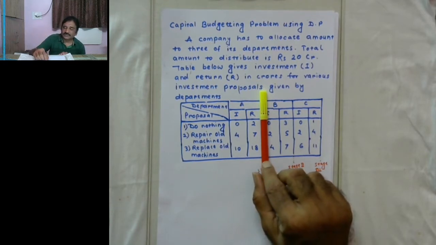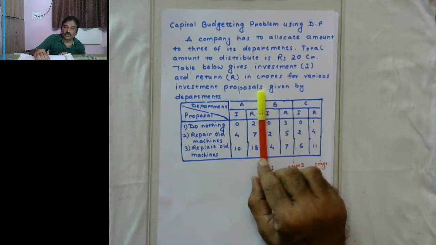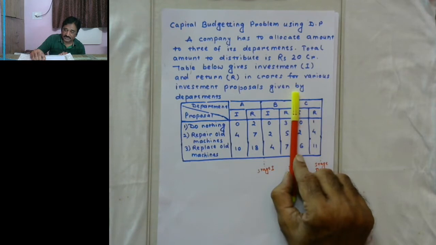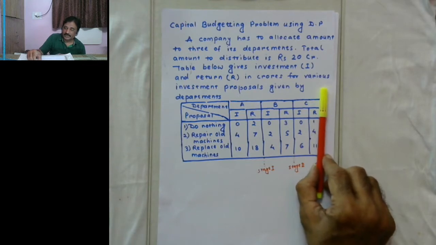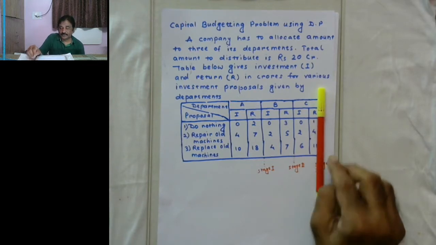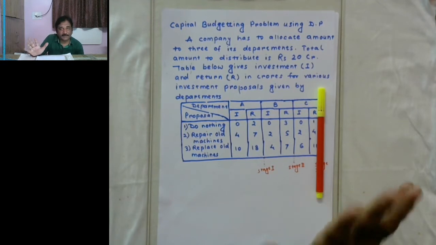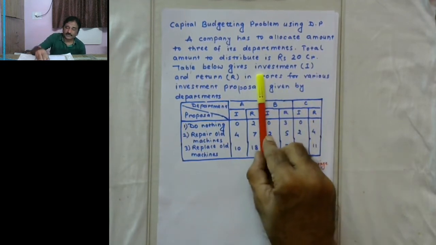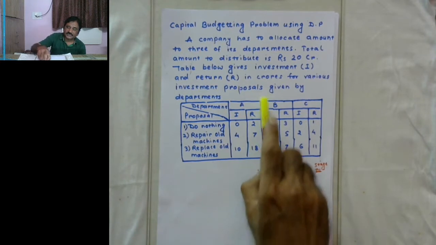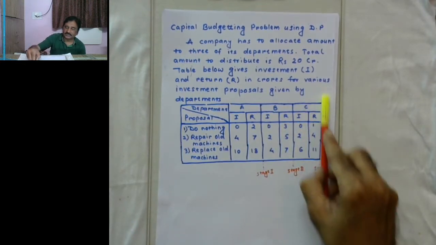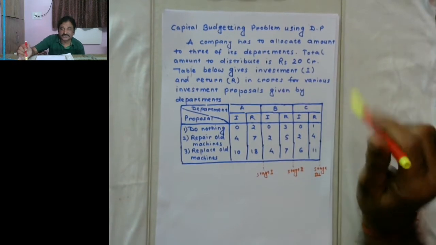First I'll be considering investment only in department A, then investment in department B and then A, then investment in department C along with investment in department B and A. So here I break the problem: my first stage is department A, second stage is after department B, and third stage is after department C.